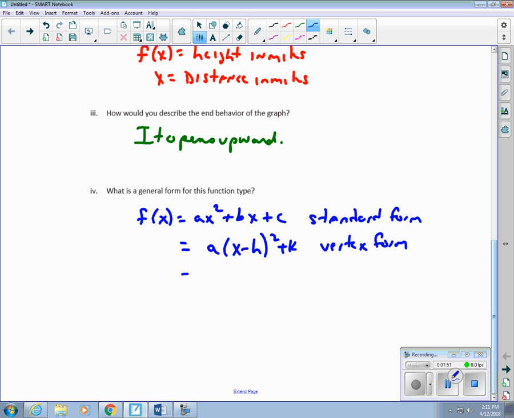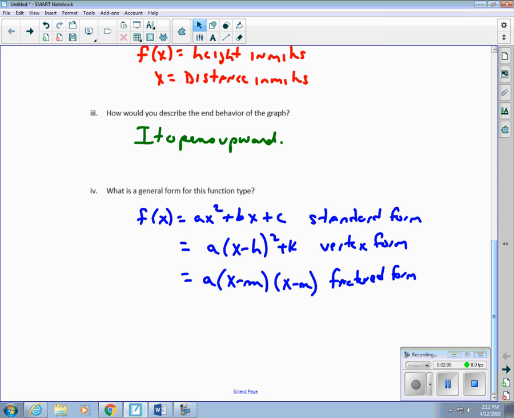And then finally, a times (x minus m)(x minus n), which is factored form. Depending upon the information you're given, that will drive the form you may use.